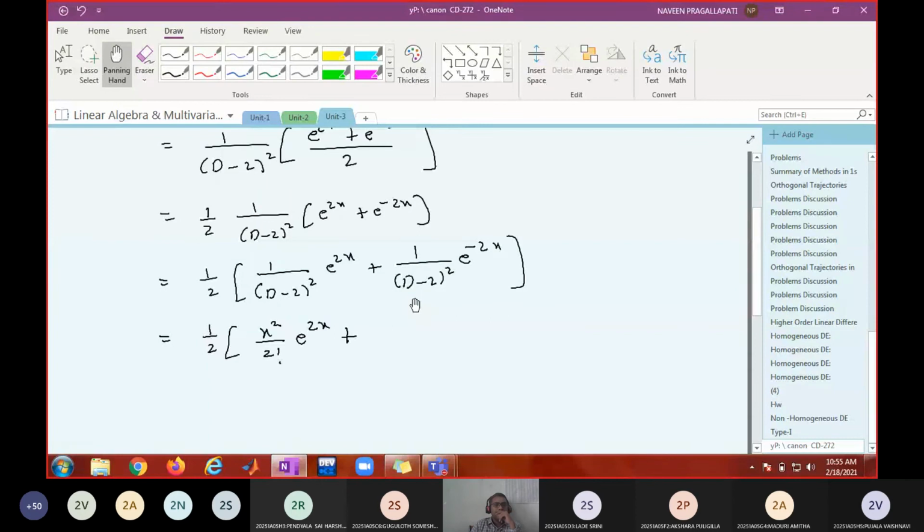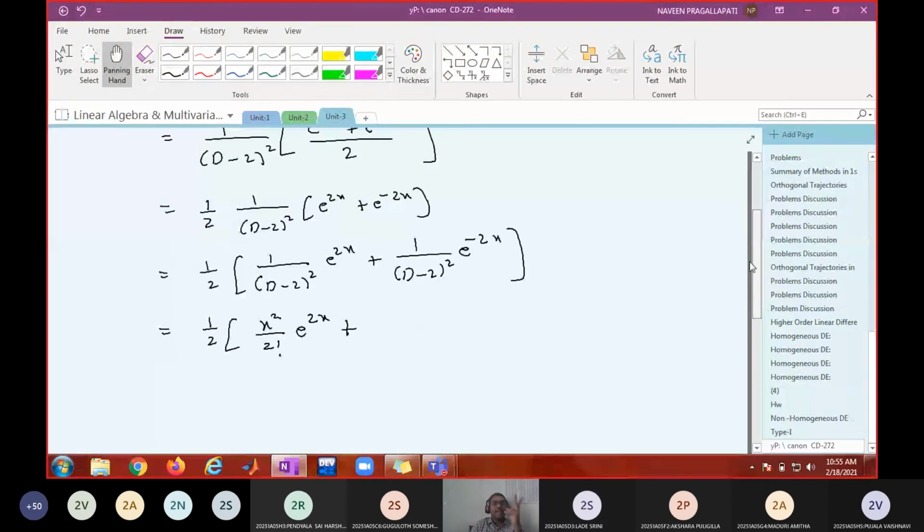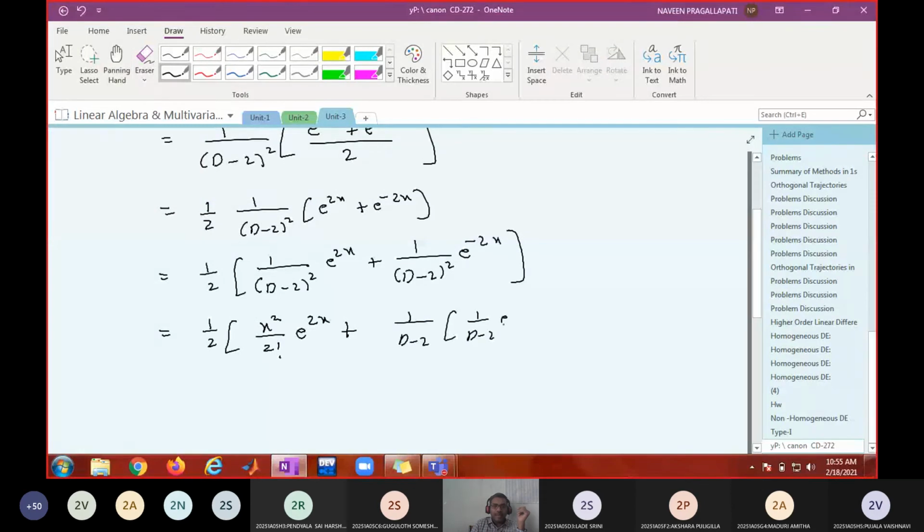Do you understand? So there are two ways. Either write it as 1 by (d minus 2) of 1 by (d minus 2) e power minus 2x, and then apply the type 1 formula repeatedly. That's a time consuming process.